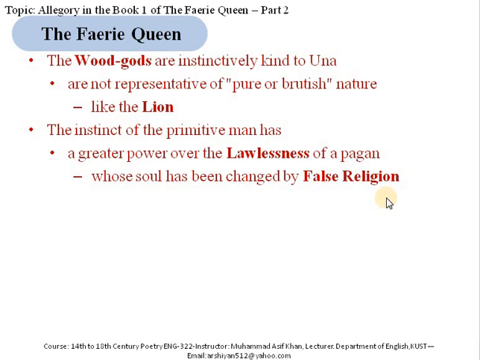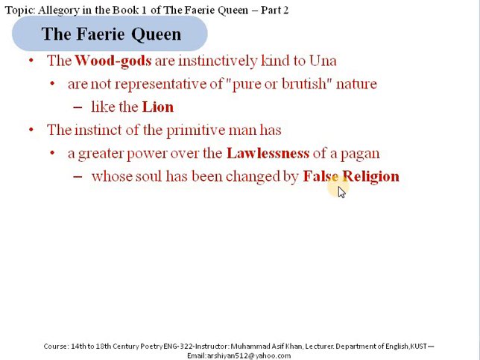And sometimes we see that, because of the political conditions of Spenser's time period, this false religion is represented by the Catholic Church, because there was a great controversy between the Catholic Church and the Protestant Church, and the Anglicans, the people of the British Empire, were followers of the Protestant or Anglican Church, and they believed the Catholic Church to be the representation of false religion.